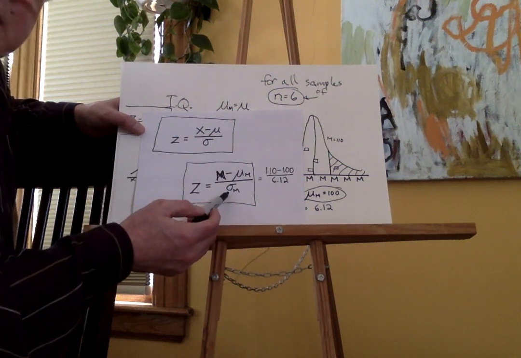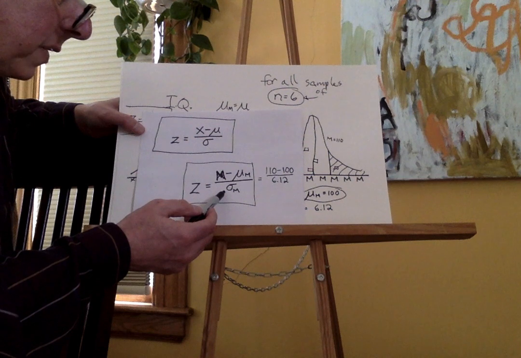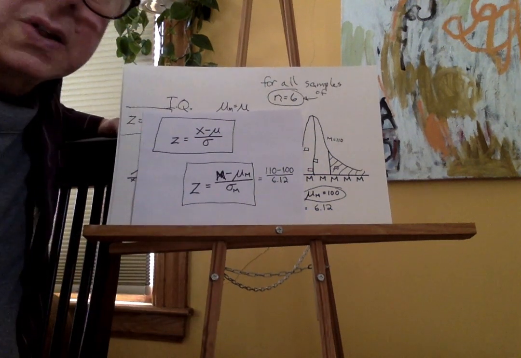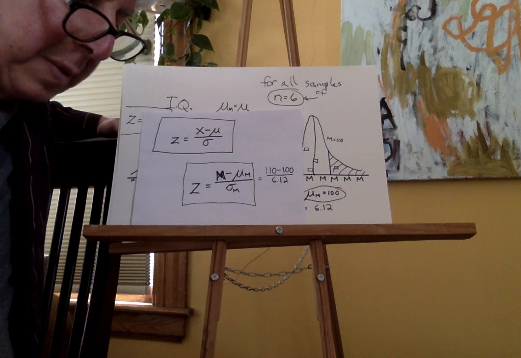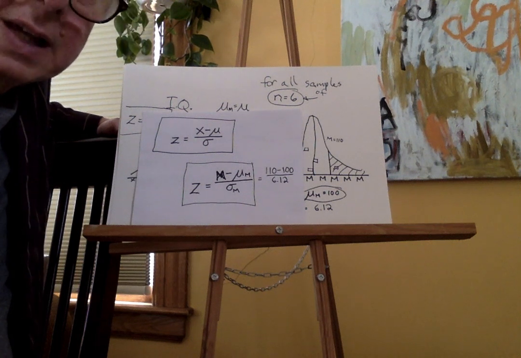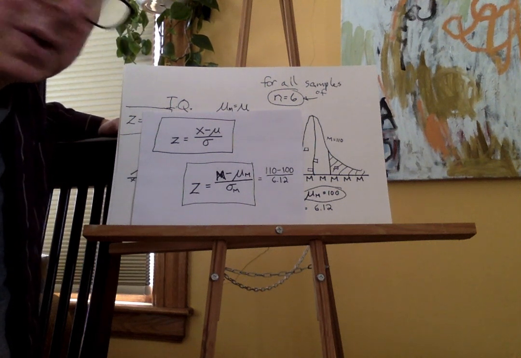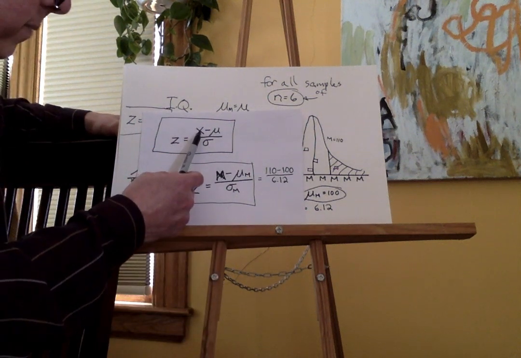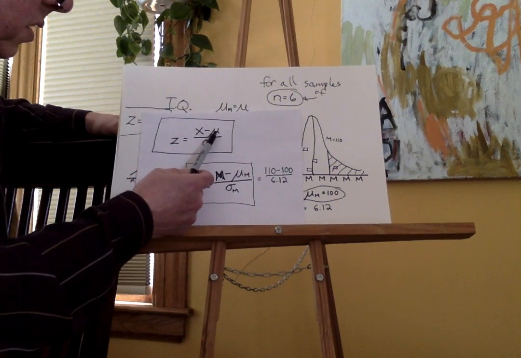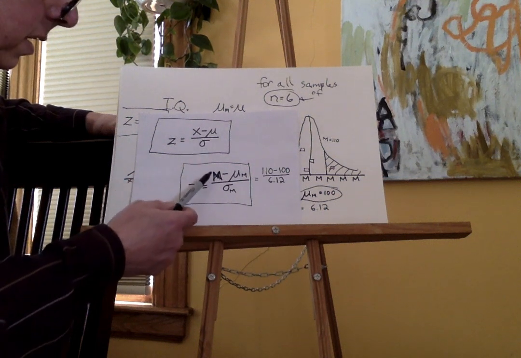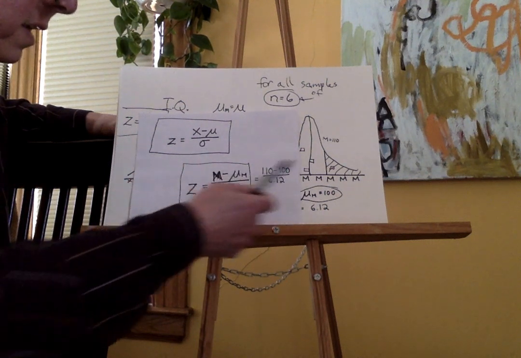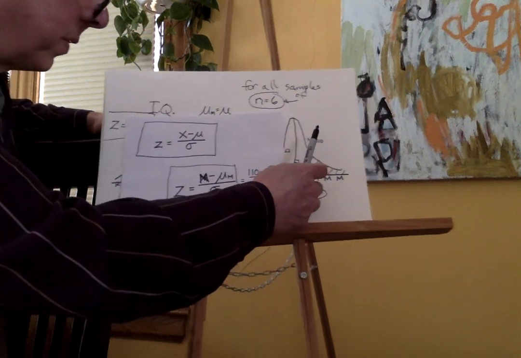And then divided by the standard deviation for all the sample means. It's really the same formula. And sometimes, people get a little freaked out when I say it's the same formula. It just has different symbols. Well, we're comparing a position on the curve to the center of the curve, looking at variability. This is a mean on the distribution of all the means. We can pull this out.